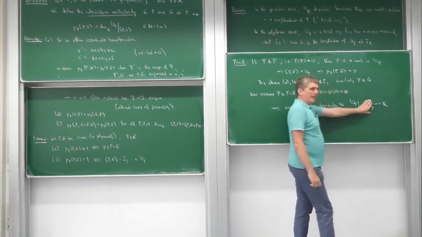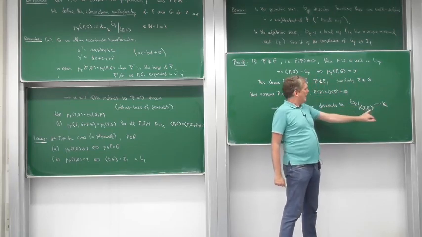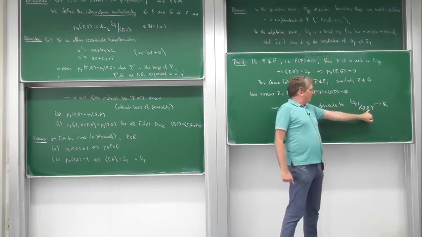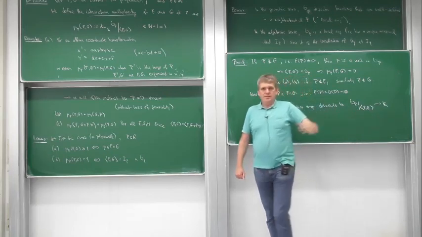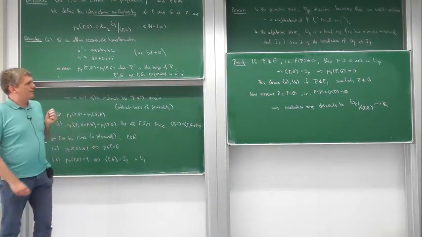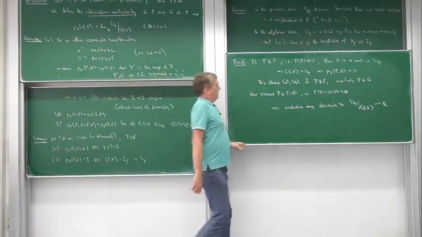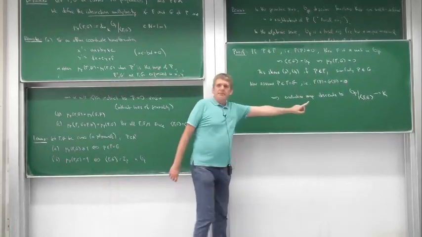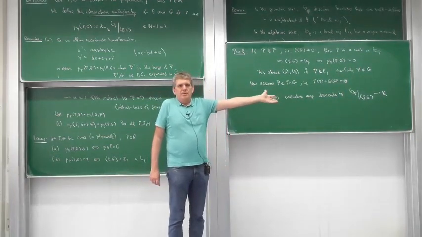We had it only without that; we had the regular evaluation. But if F and G are 0 at the point, you can pass it to the quotient and still get a well-defined map. So that's still a ring homomorphism. And it's clearly surjective, because we have constant maps: one maps to one.